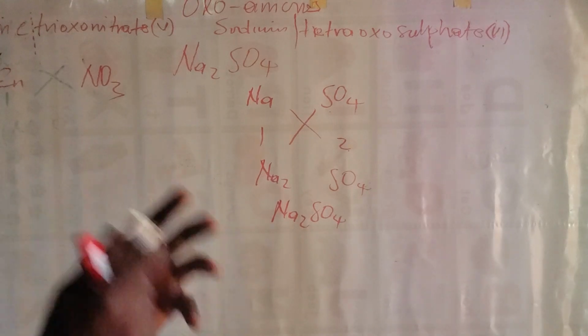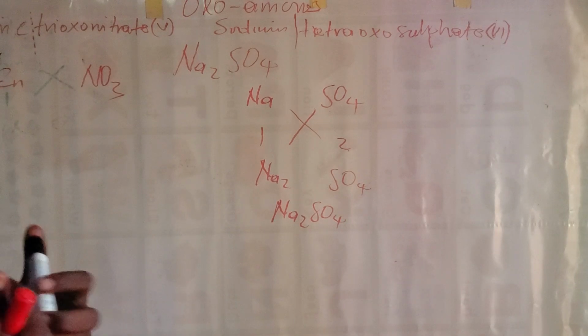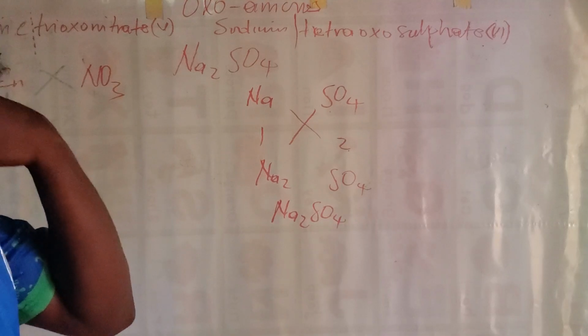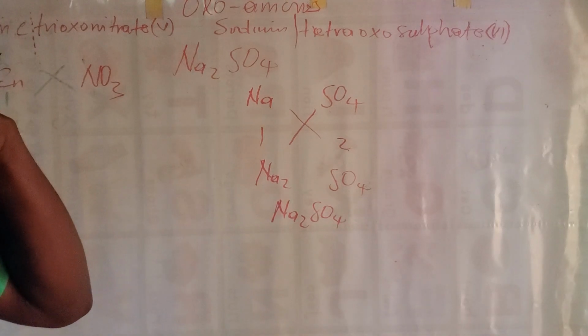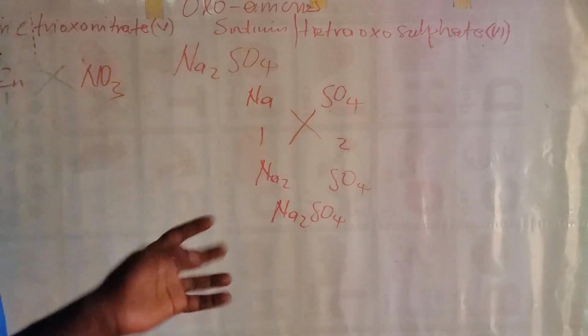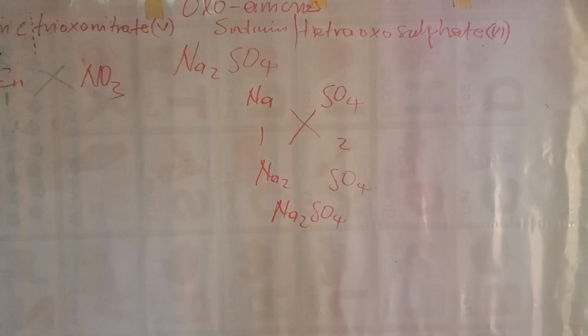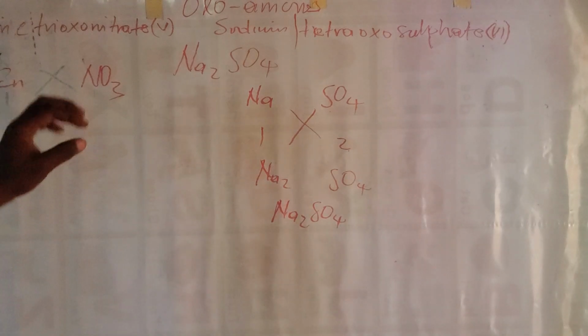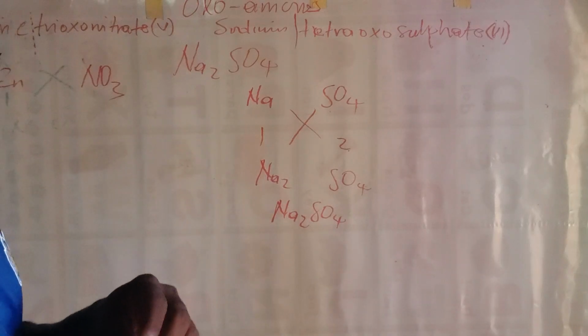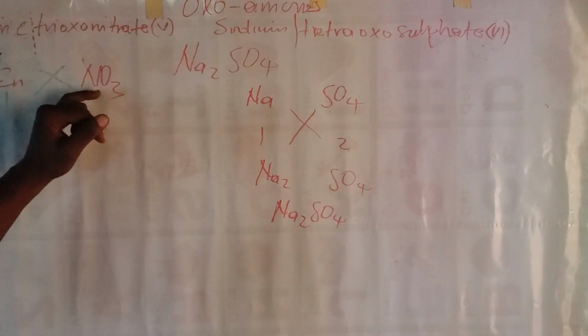That is what you need to understand. If you are figuring out the valency of any element, that one is simple. In the area of the radical it is somehow difficult, because you have to first of all determine the oxidation number of this nitrogen.